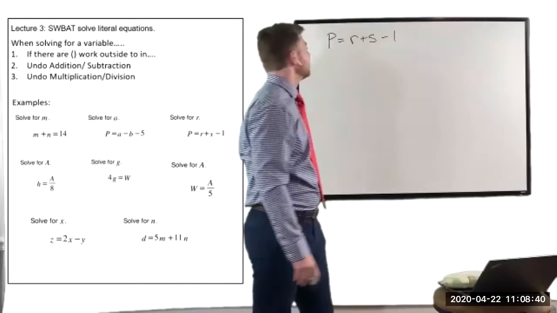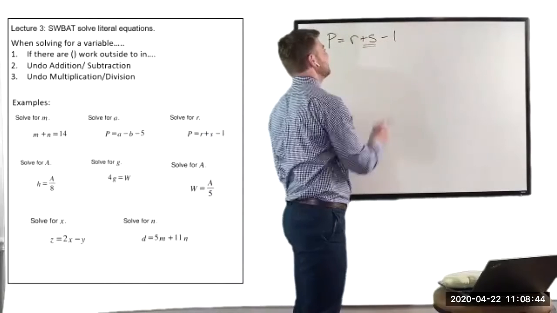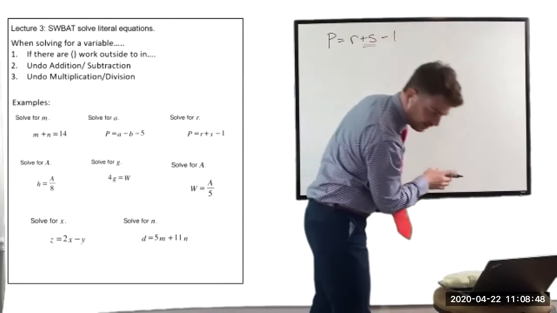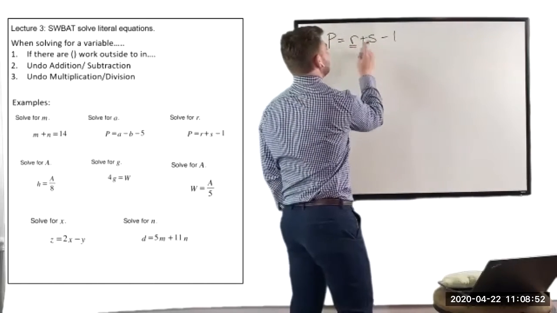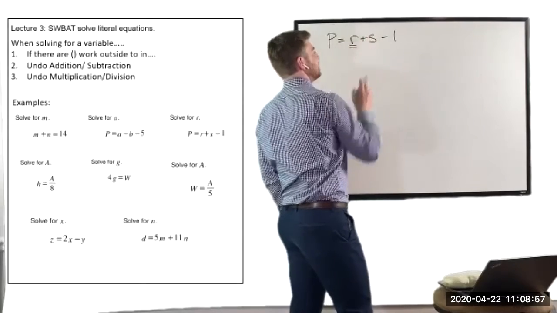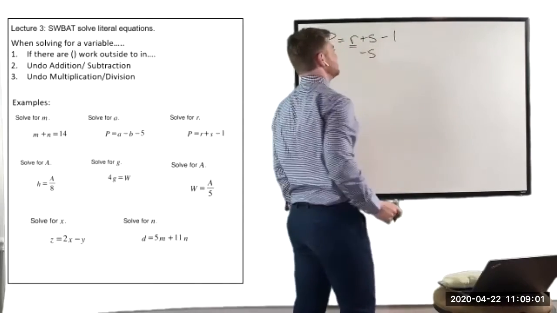So if we're asked to solve for R, again, we have to undo everything that is being done on this side of the R. So if we have a positive S, the way that you undo addition is with subtraction.